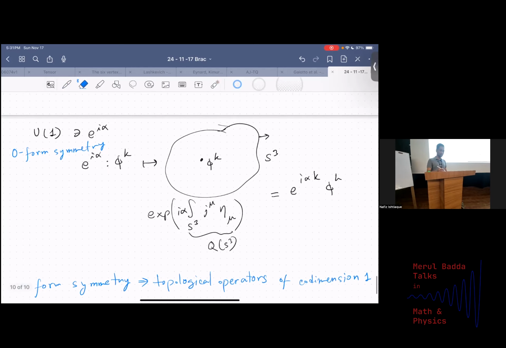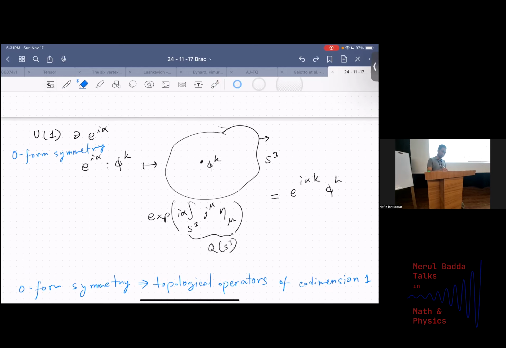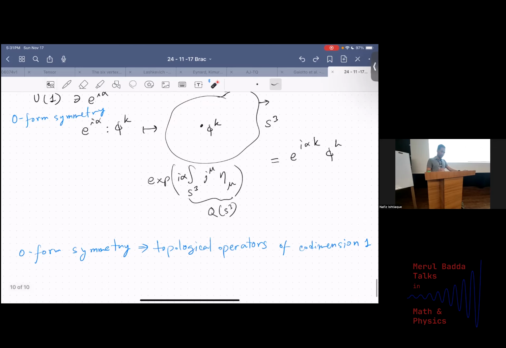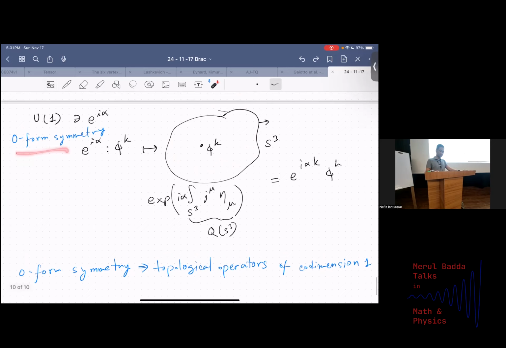An example is this integration of your current over S3. As long as it's topologically an S3, the exact geometry doesn't matter. You can deform it to an ellipsoid or whatever, and it's going to do the same thing. So this is an example of a topological operator tied to the zero-form symmetry.